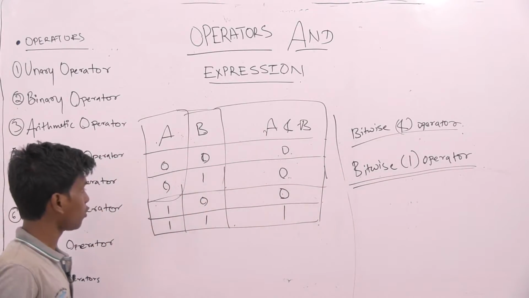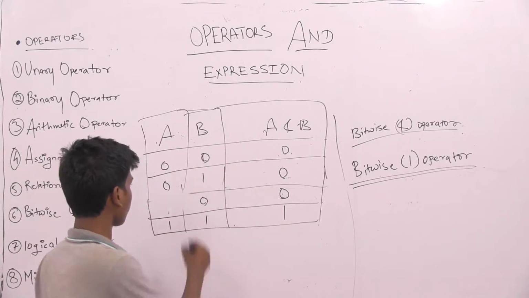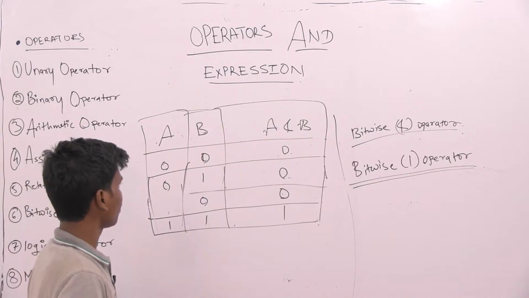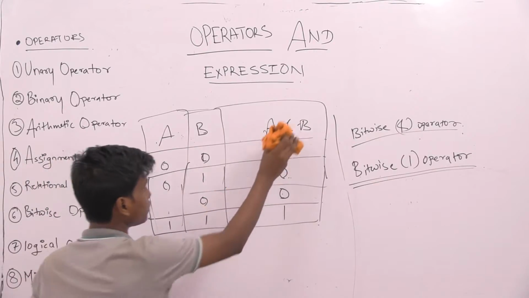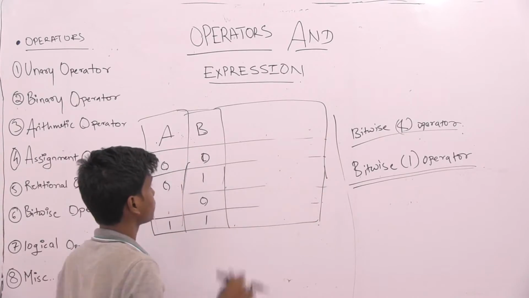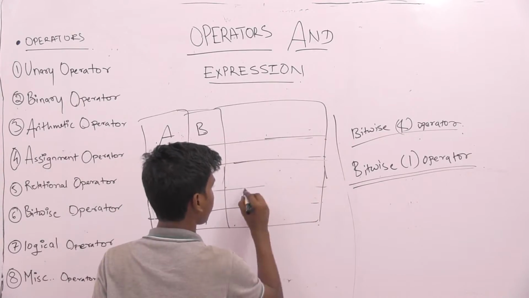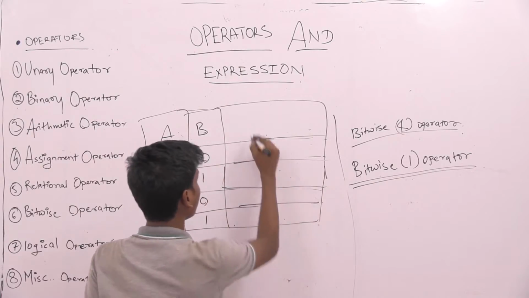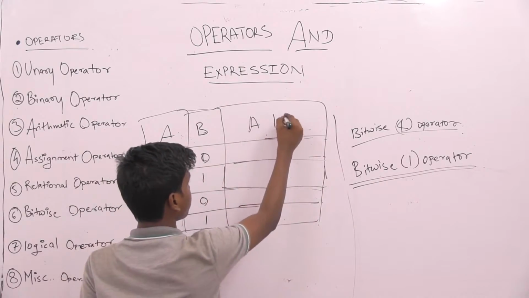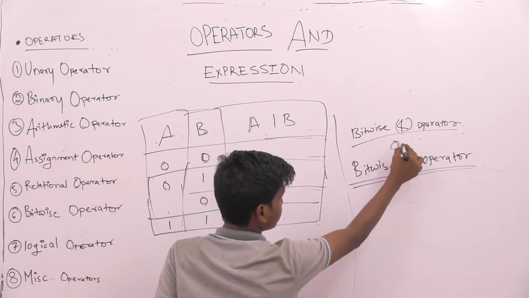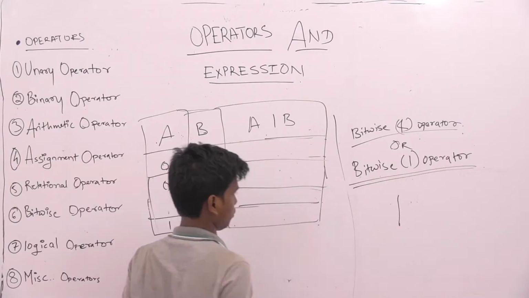So the bitwise OR operator. A or B. The bitwise OR operator is represented by a straight slash here.